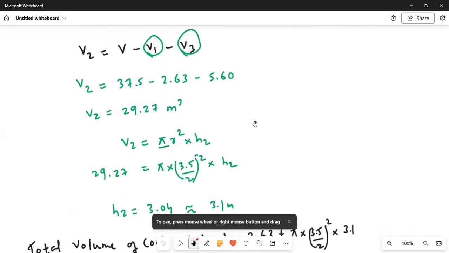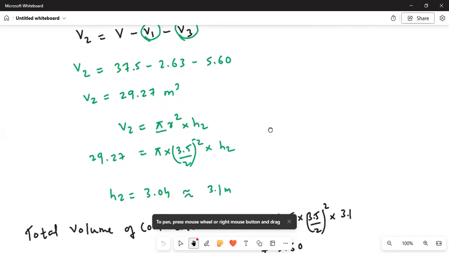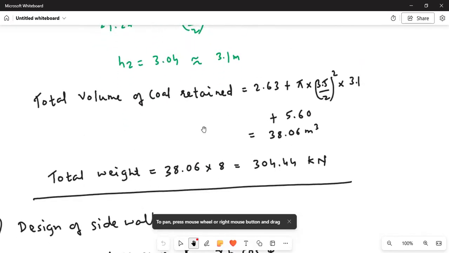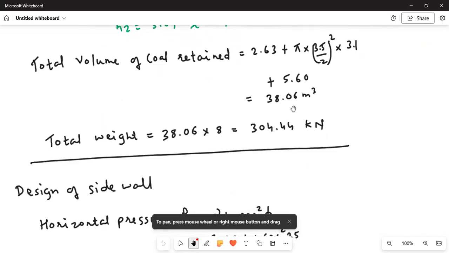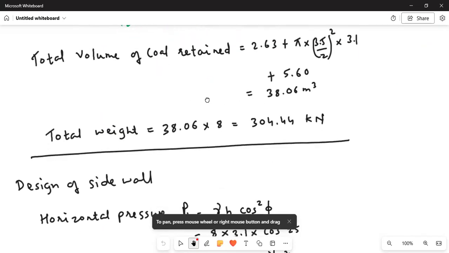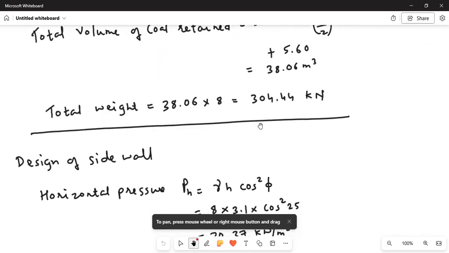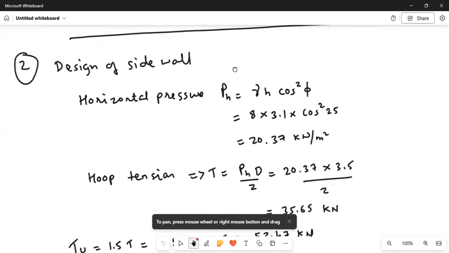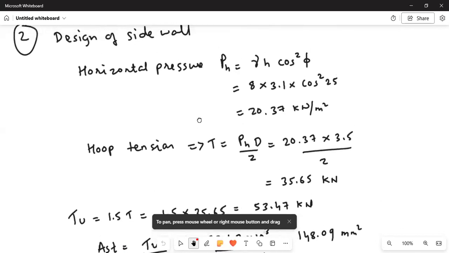And we calculated V2, the volume of the middle portion, and after calculating V2, we calculated H2. Then we calculated the total volume of the coal to be retained, and from that the total weight. Then we started the discussion on design of the side wall.